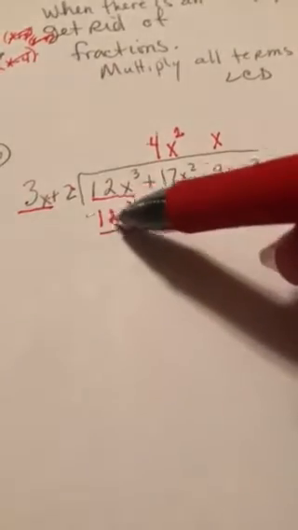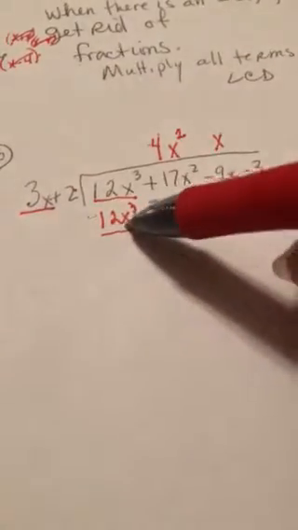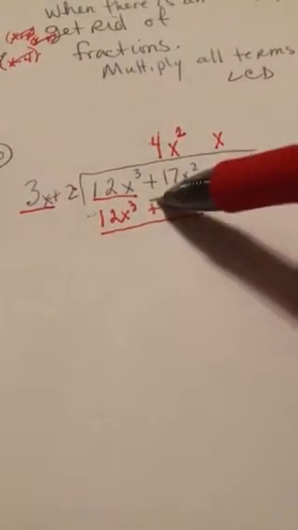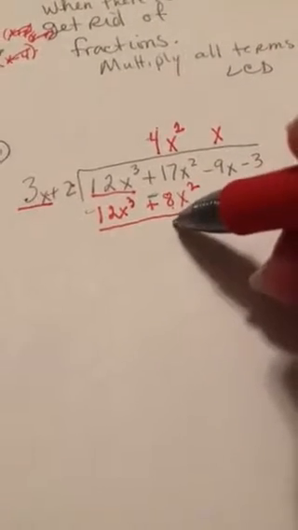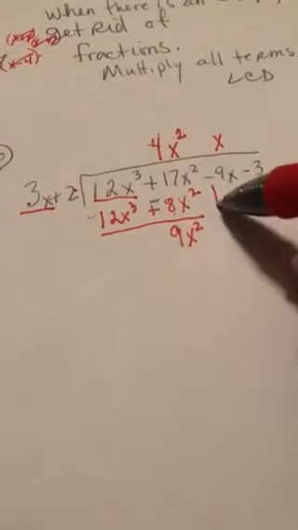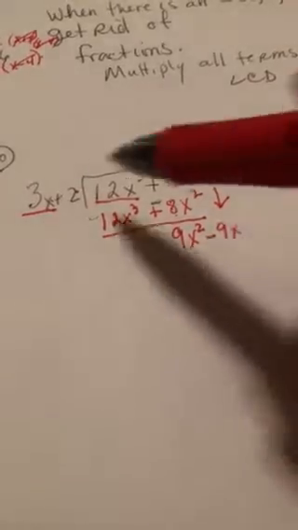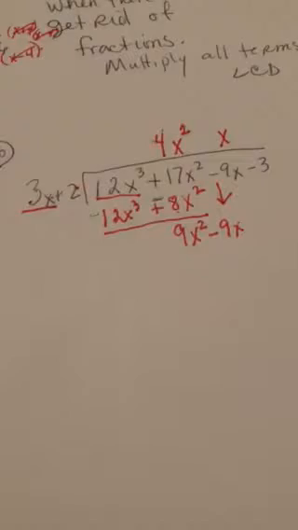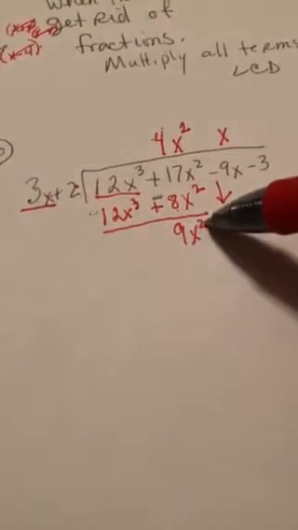12 and minus 12, those cancel out. 17 minus 8 is how we're going to think of this. And so we have a 9x squared left. Now I bring down the next number. And we do the same process again. 3x times something will give us 9x squared.